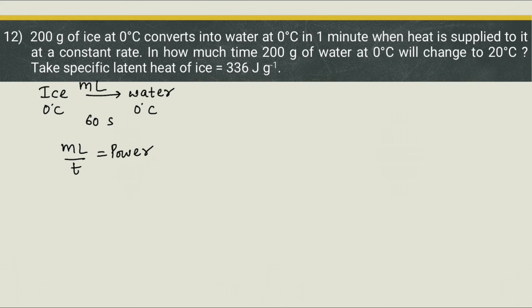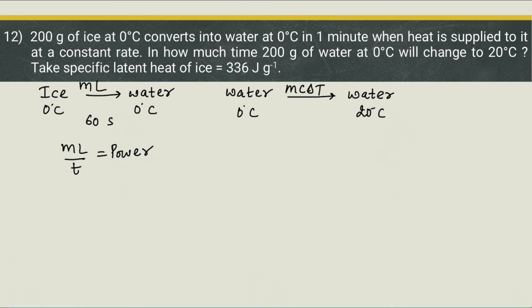Power is equal to mL upon T. Alright, let us not calculate power as of now. Let us read the question further. In how much time will 200 gram of water at 0 degree Celsius change into water at 20 degree Celsius? What is the formula here?